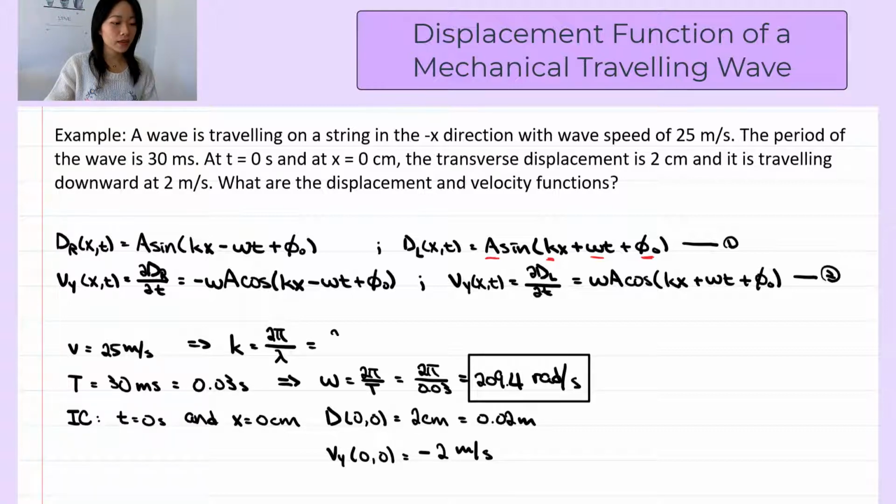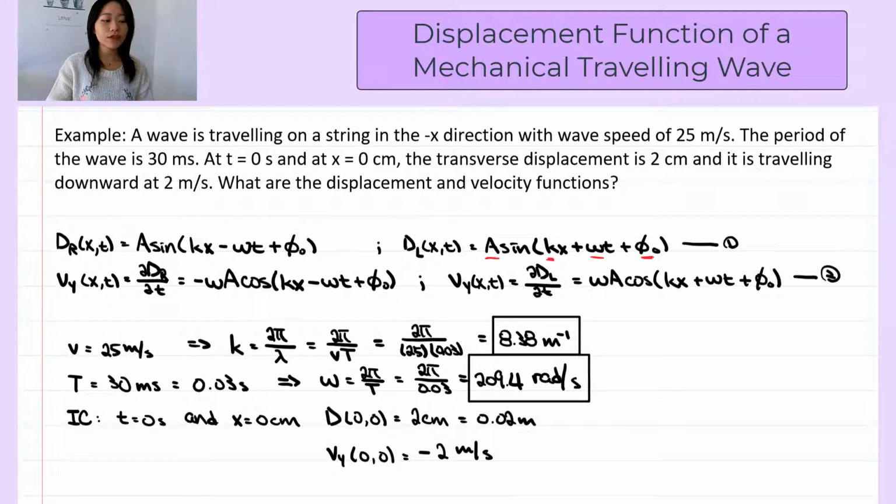And wavelength also equals the wave speed times the time for one cycle, the period. So wave number is 2 pi divided by 25 meters per second, which is the wave speed, times the period, 0.03. And this equals 8.38, unit is inverse meters.